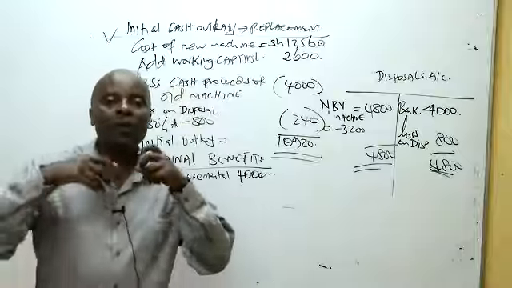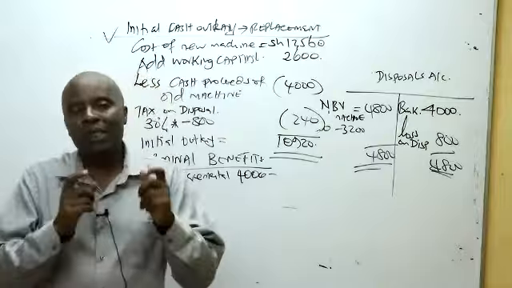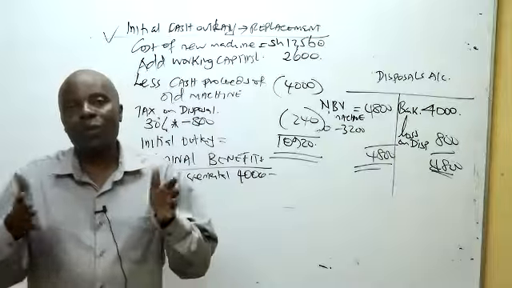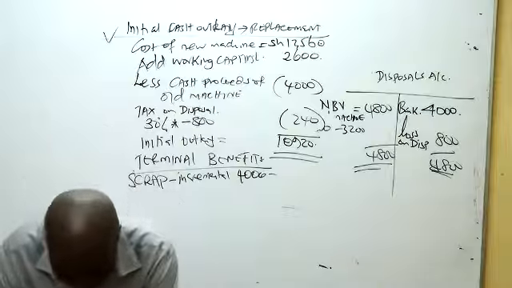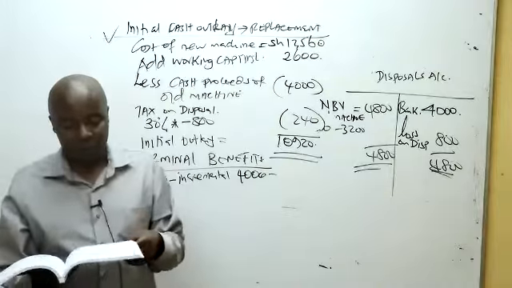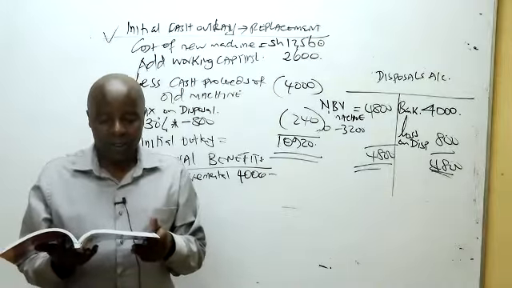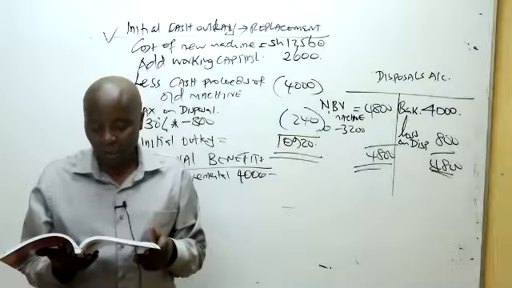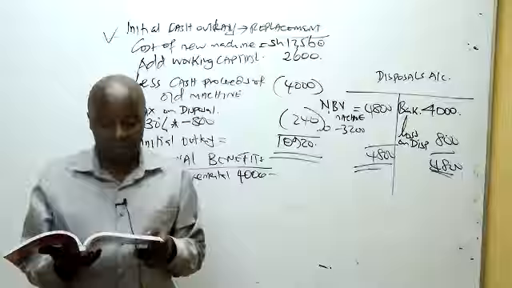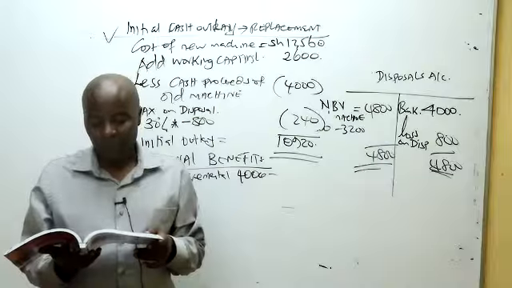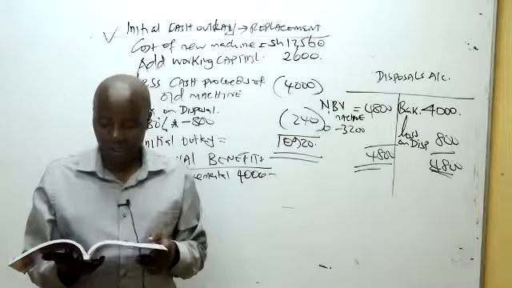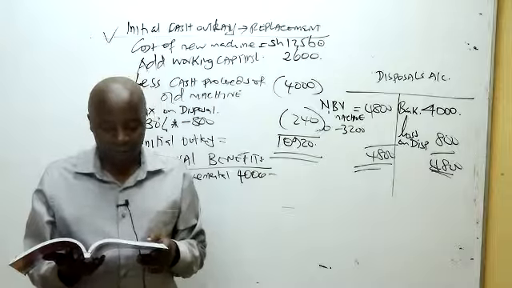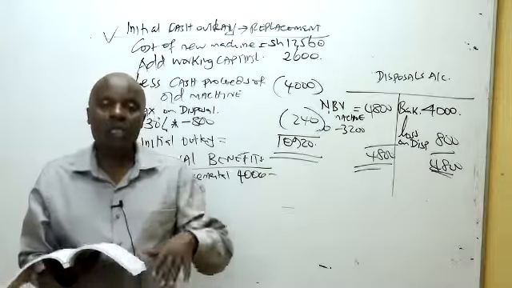Remember, when we took in this old machine for evaluation, after 2 years, they gave us new. Let us read that first paragraph very well. We are told Kabusa Limited is contemplating the acquisition of a new machine to replace the one currently being used in production process. The existing machine was acquired 2 years ago at a cost of 8 million. It was estimated to have a useful life of 5 years with no salvage value at first.